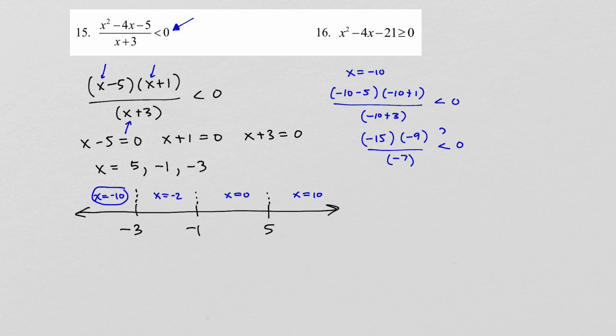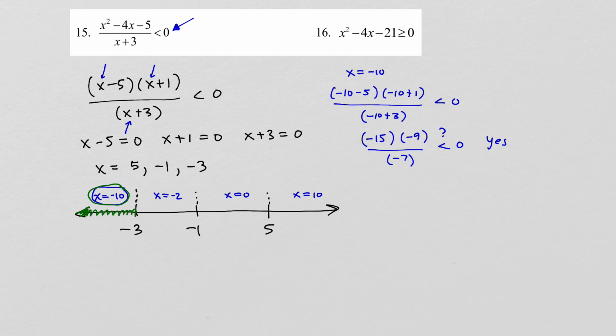Is that less than 0? Yes, it is, right? And the reason it's less than 0 is because a negative times a negative divided by a negative is a negative, and a negative is always less than 0. So x equals -10 works, which means that this interval is part of our solution.